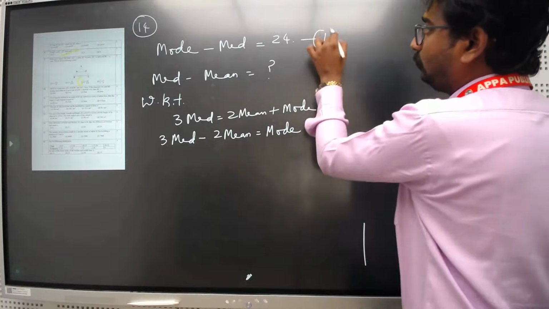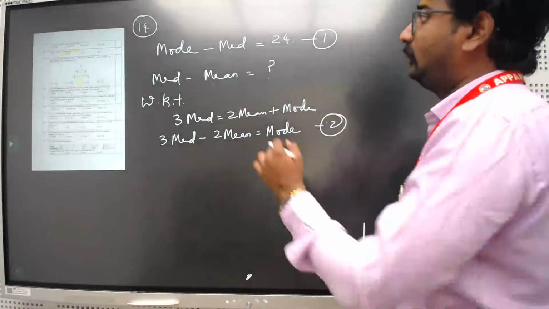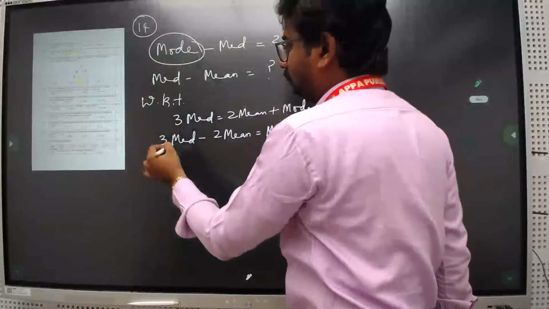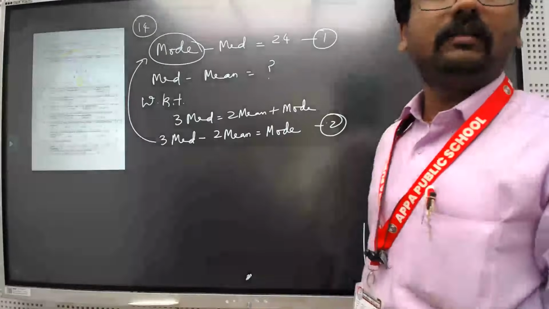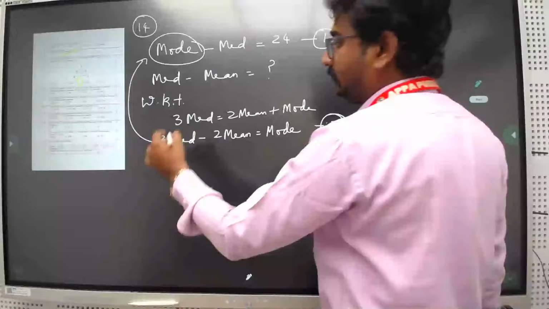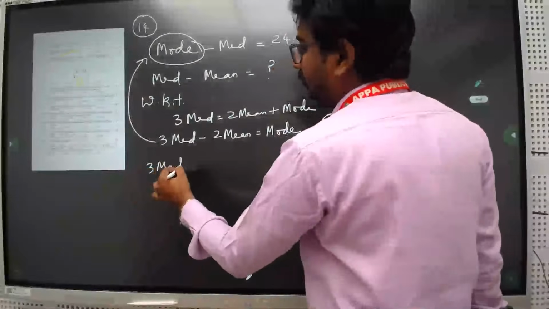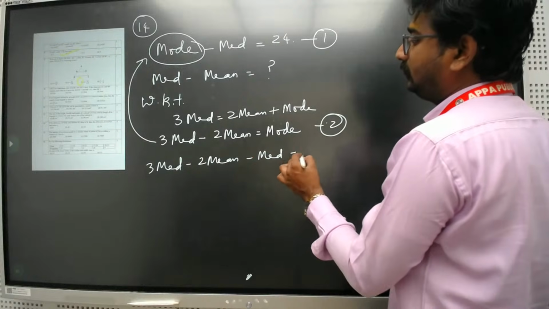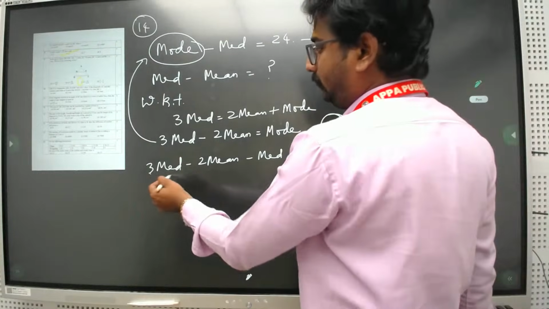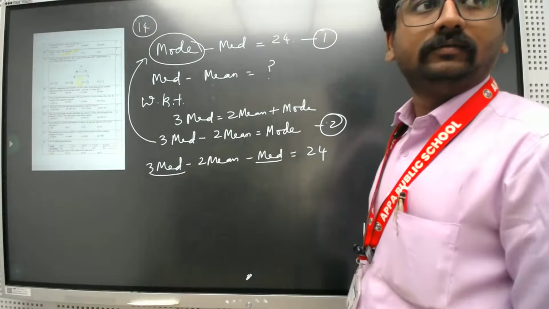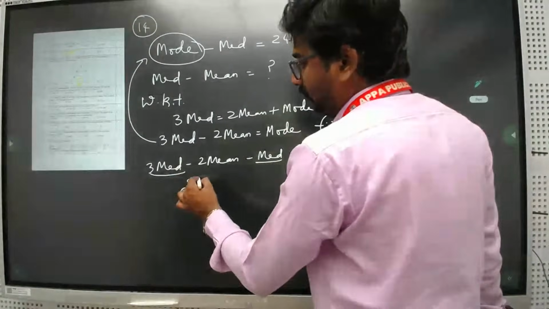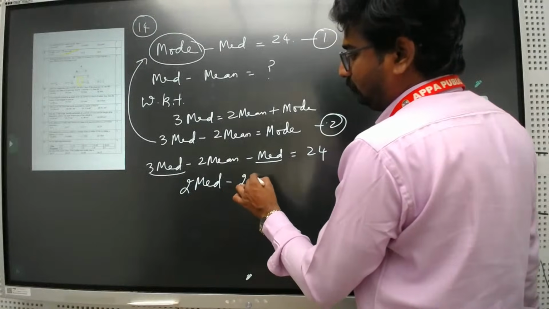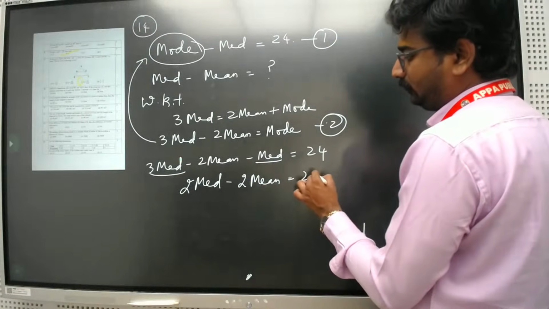If I mark this as equation 1 and this as equation 2, now can I replace this mode with 3 median minus 2 mean? When I replace it, it will be 3 median minus 2 mean minus median is equal to 24. Out of 3 medians, I remove 1 median. 2 median minus 2 mean is equal to 24.